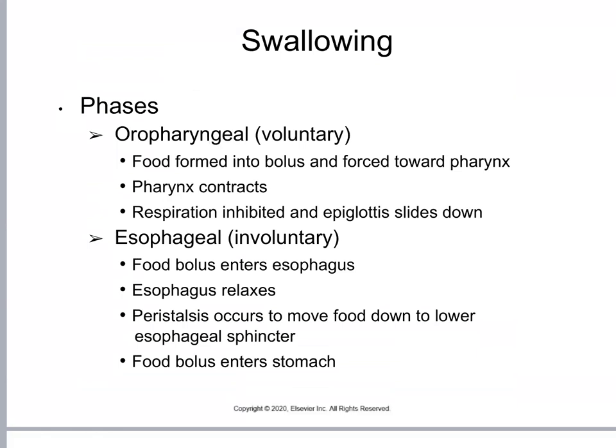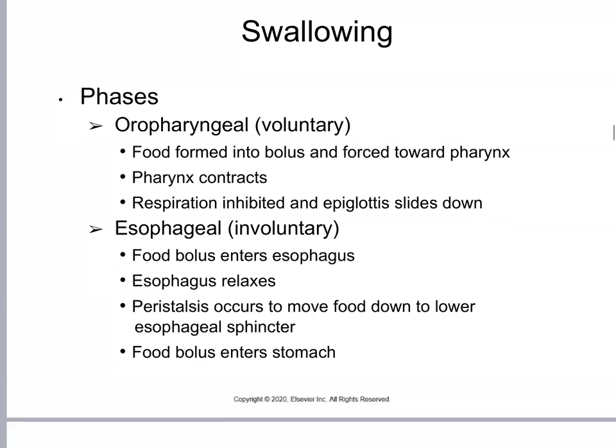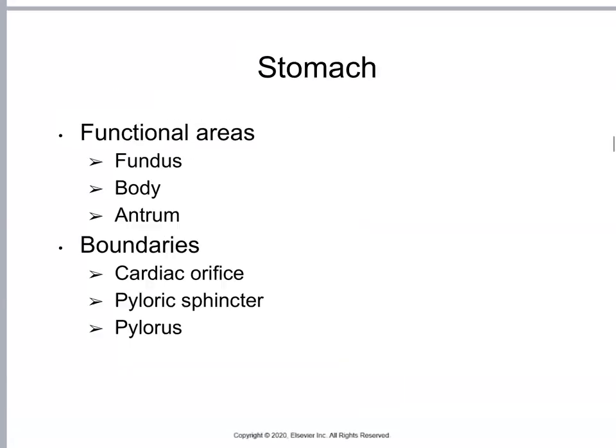And then that is when the involuntary part begins. The esophagus relaxes, and that wave-like action, that peristalsis occurs to move the food down to the lower esophageal sphincter. And then that food bolus enters the stomach.